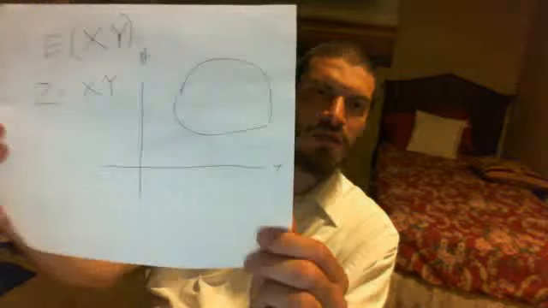Now we can do something totally different. I'll start it in this video and continue in the next one. Instead of making a joint distribution, we create a new distribution. It is called z is equal to x times y, as you can see in what I wrote at the bottom. What is that?